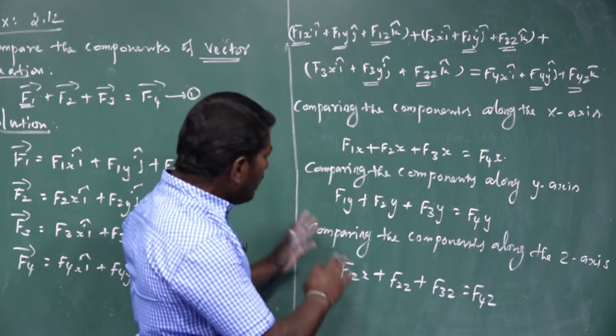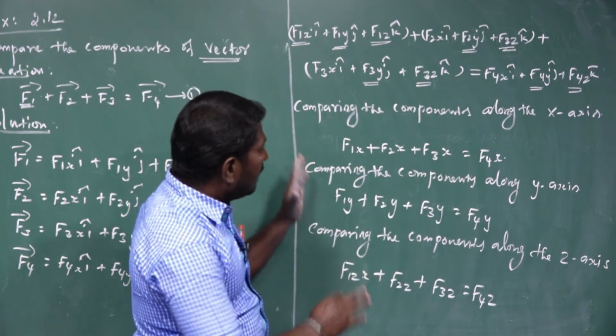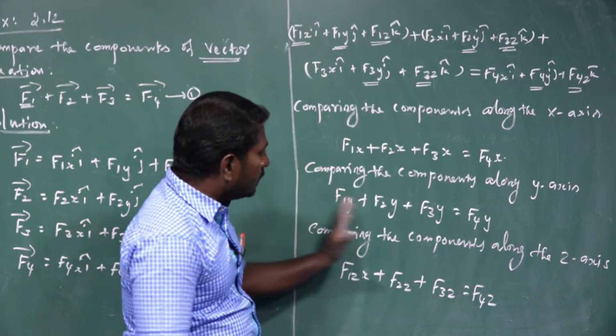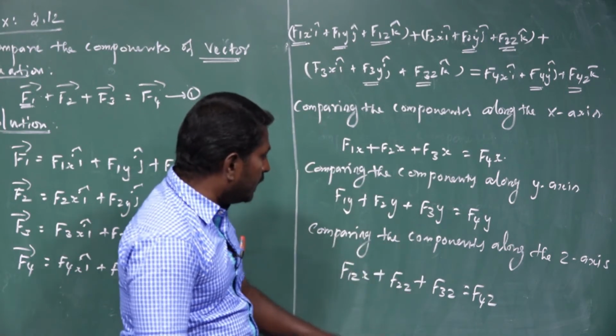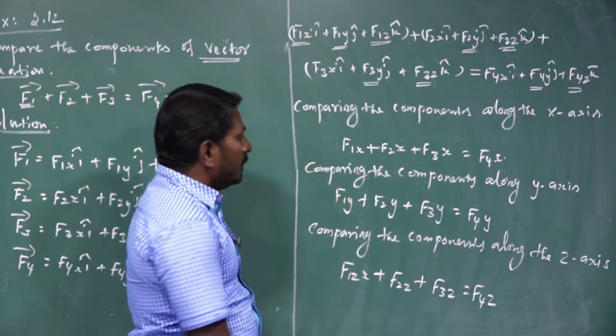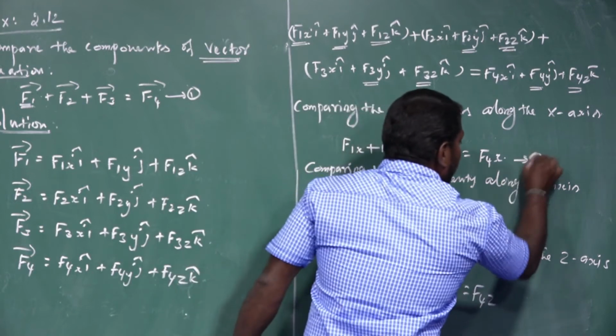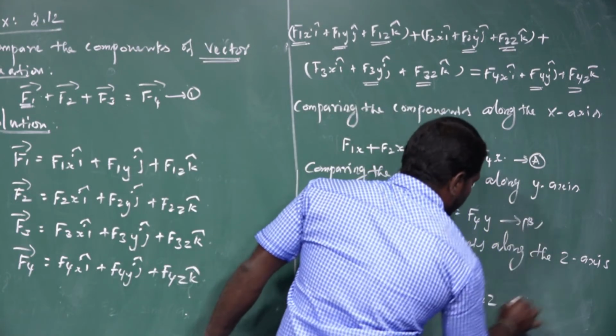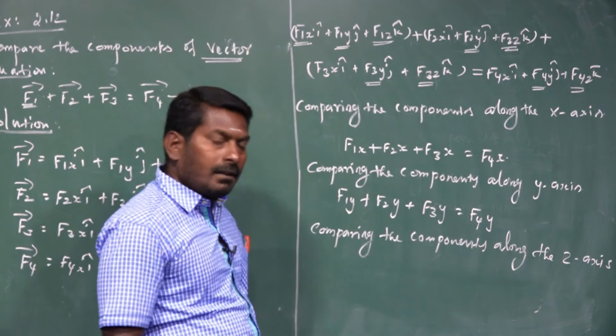So after comparing the components along the x-axis, y-axis and z-axis, we get three equations: equation A, equation B, equation C.